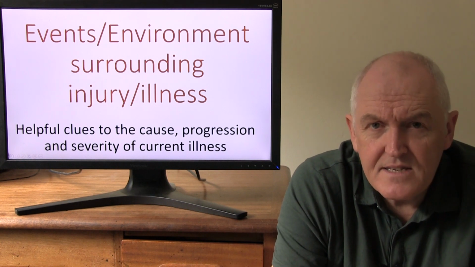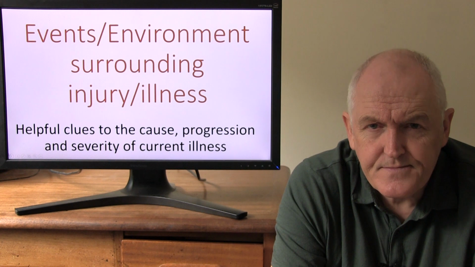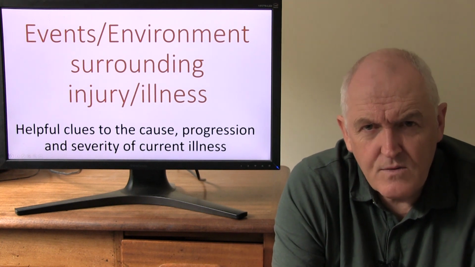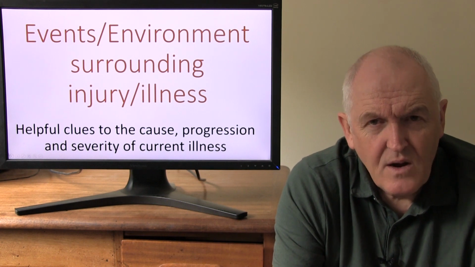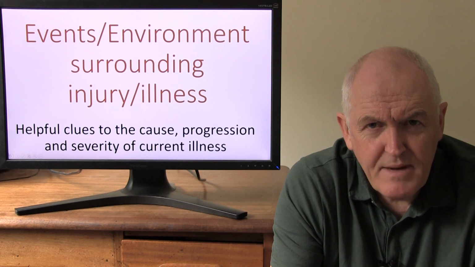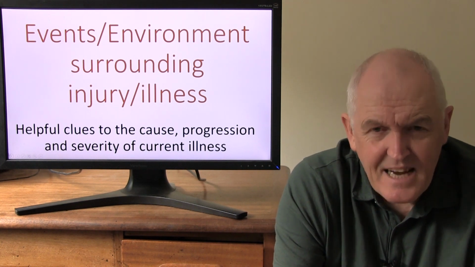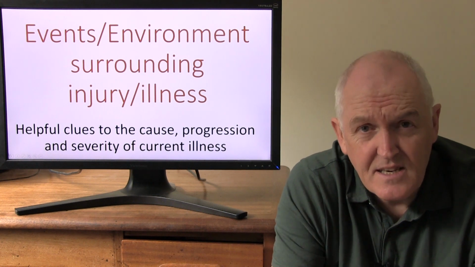And then the events and the environment leading up to the condition. So in trauma, we certainly want to know about the mechanism of injury. What happened? Did someone see it? Because the mechanism of injury tells us an awful lot about the potential injury that the patient has sustained.